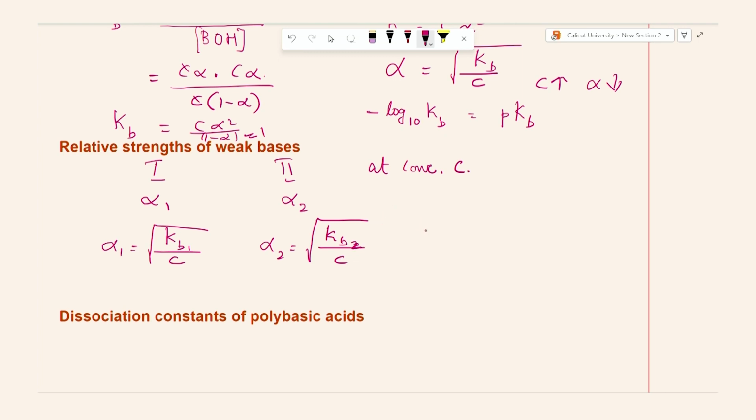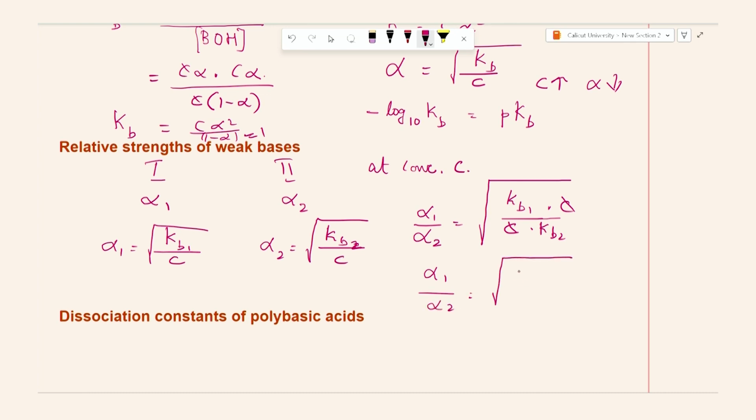Now, for comparison, I am taking the ratio alpha 1 by alpha 2, which is equal to square root of Kb 1 divided by C, which is again divided by Kb 2 divided by C. C and C get cancelled and the final value will be alpha 1 by alpha 2 is equal to square root of Kb 1 divided by Kb 2.